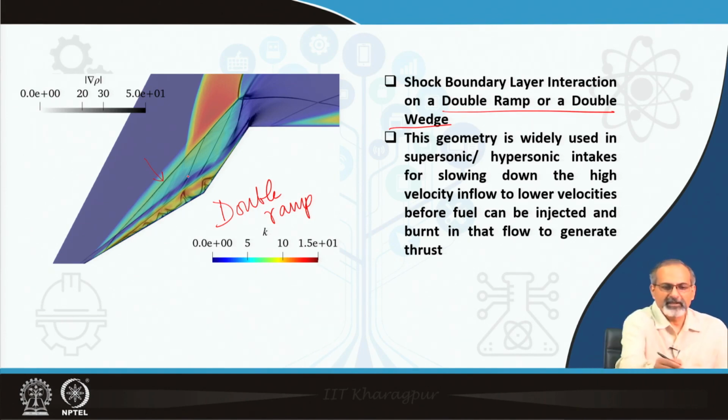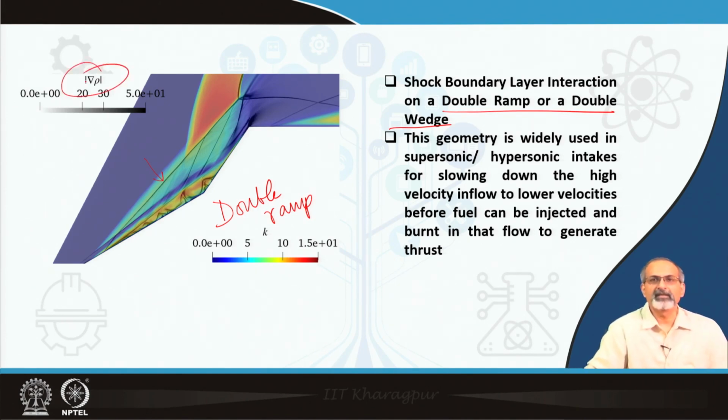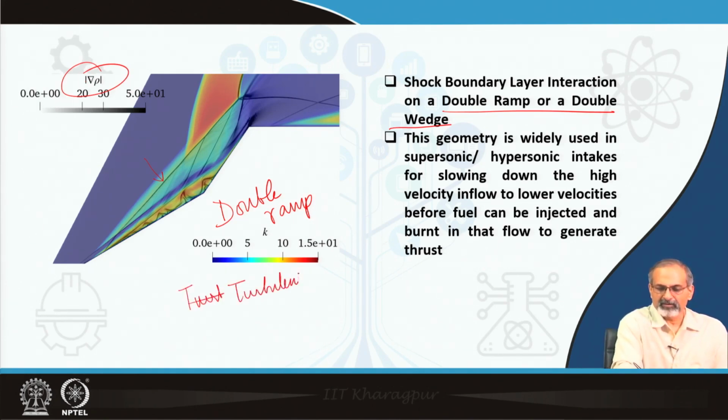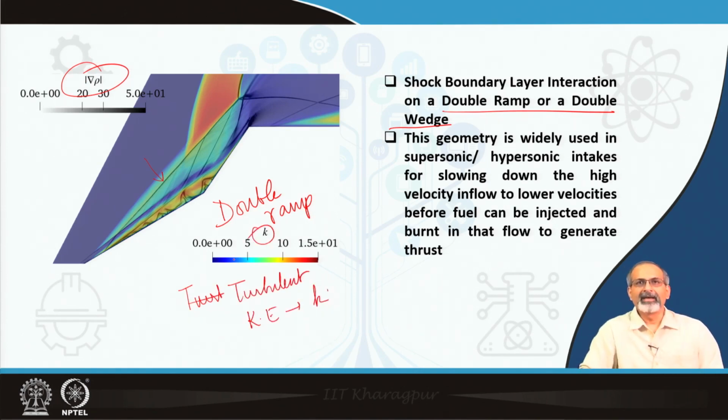Those shocks are identified from a numerical Schlieren, where you carry out the gradient of density and take its magnitude, and the contours come from the turbulent kinetic energy. The turbulent kinetic energy, which is represented by the k here, shows you different kinds of color patches which indicate different levels of turbulence which has been generated.